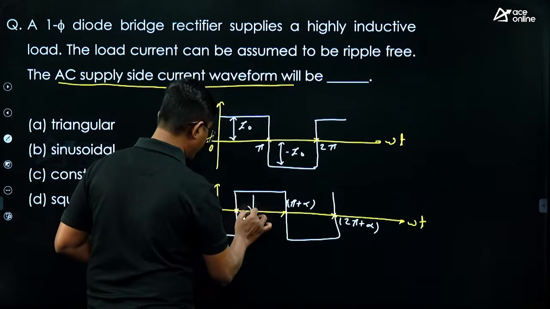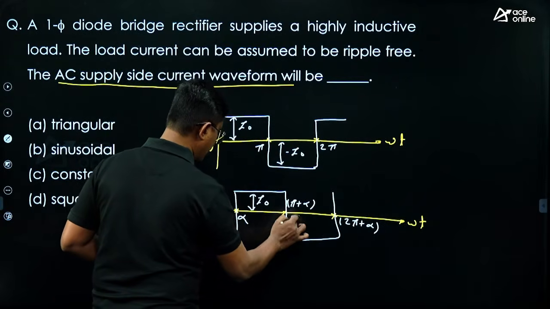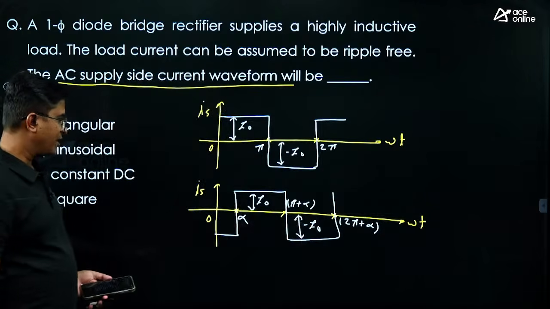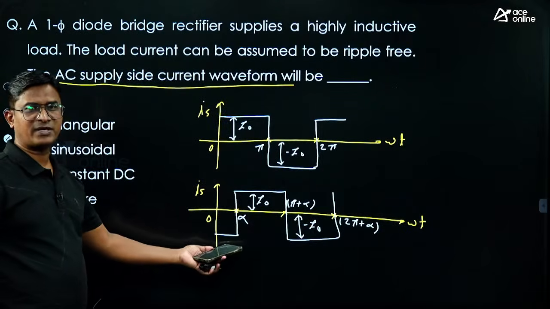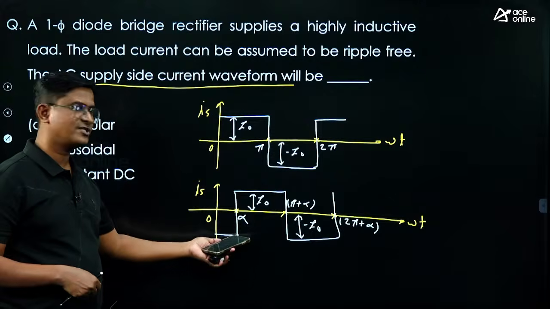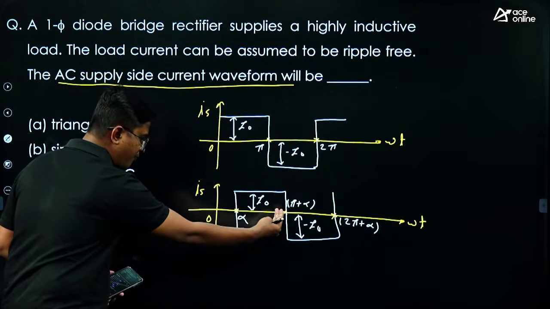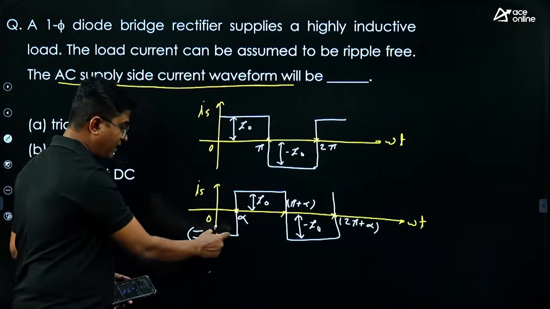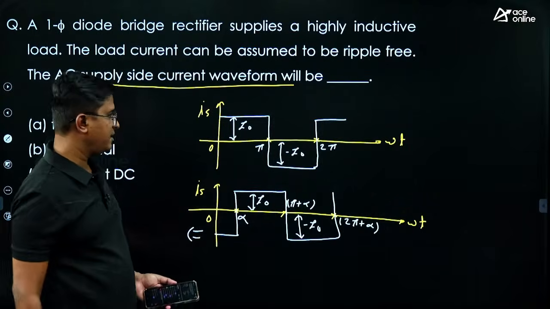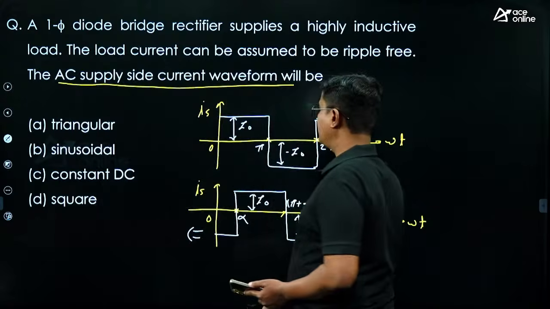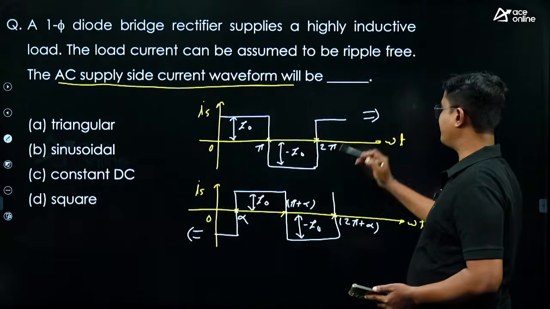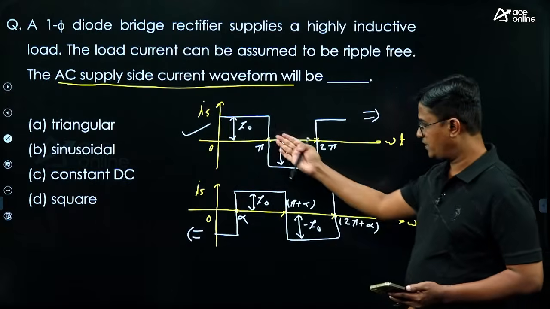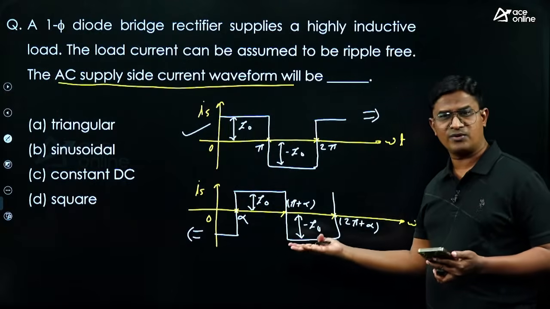This value is I0 and here it is minus I0, right? If I put alpha 0, this is for thyristor rectifier. For diode rectifier, simply put alpha 0. If I put alpha 0, this waveform will be shifted to the left by the alpha angle. If alpha is 0, then you get this waveform. This is for diode rectifier. So the nature of source current is a square waveform. Thyristor rectifier also is a square waveform.